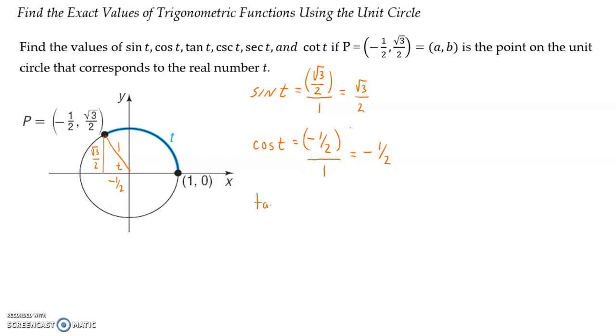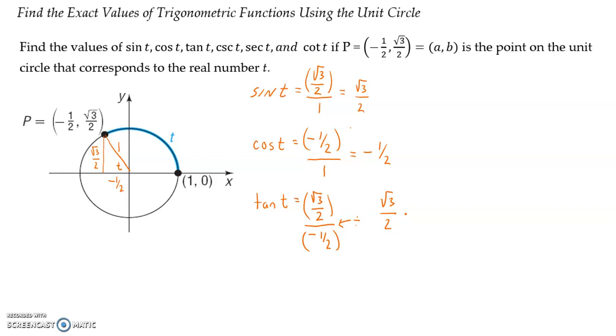And we have tangent of t. Here we have the opposite side, which is radical 3 over 2, and our adjacent side is -1/2. Now let's go ahead and simplify this fraction. Keep in mind when you are dividing fractions, I'm going to keep my top fraction the same, that's my radical 3 over 2, and I'm going to change my problem to a multiplication problem.